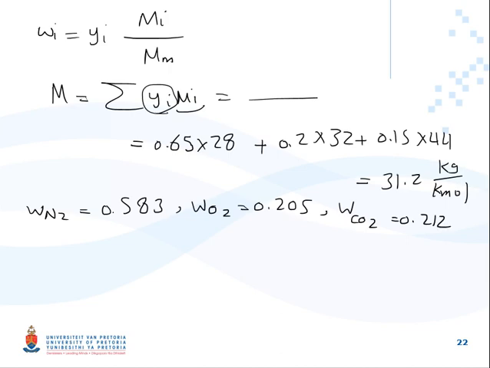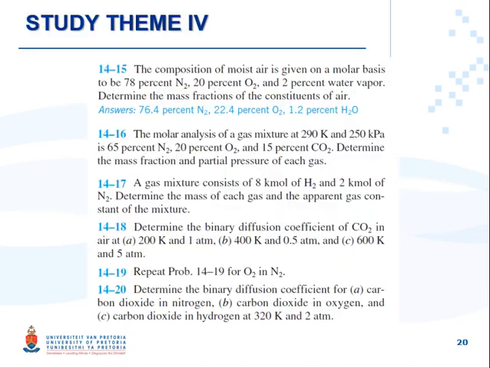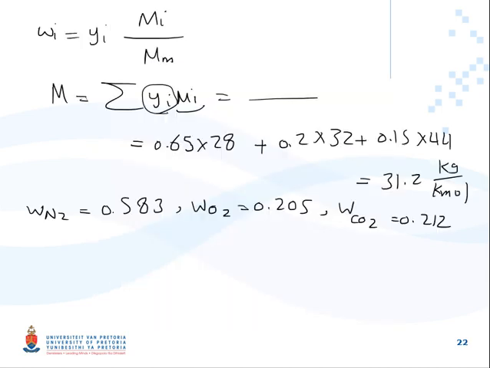But it's asking to find the pressure as well. Am I right? Let's go back and check. Yeah, the partial pressure of each gas. Note that the total pressure of the mixture is given. Yeah, the total pressure P is given to be 250 kilopascal.